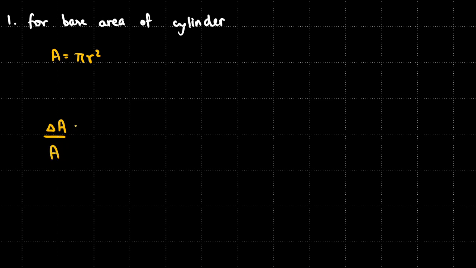Pi is a constant, so we don't need to write it. The power will come in front, and it will be delta r by r. We know delta r by r is 2%, which means the error in the base area of cylinder will be 4%. Pretty simple, right? Now let's go to the second case.